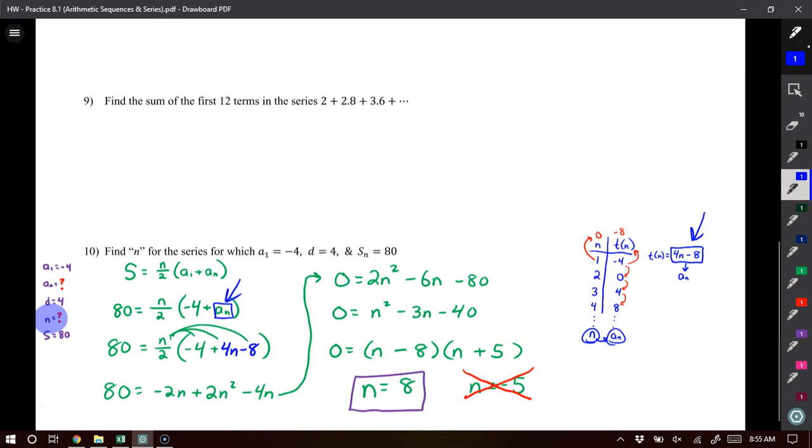Technically what I did was I said a sub n equals 4n minus 8, and I did substitution into here. So number 10, treat it like a system of equations. Hopefully this helps you with number 10, and if you're stuck on number 9, maybe it gives you a starting point for that one as well.